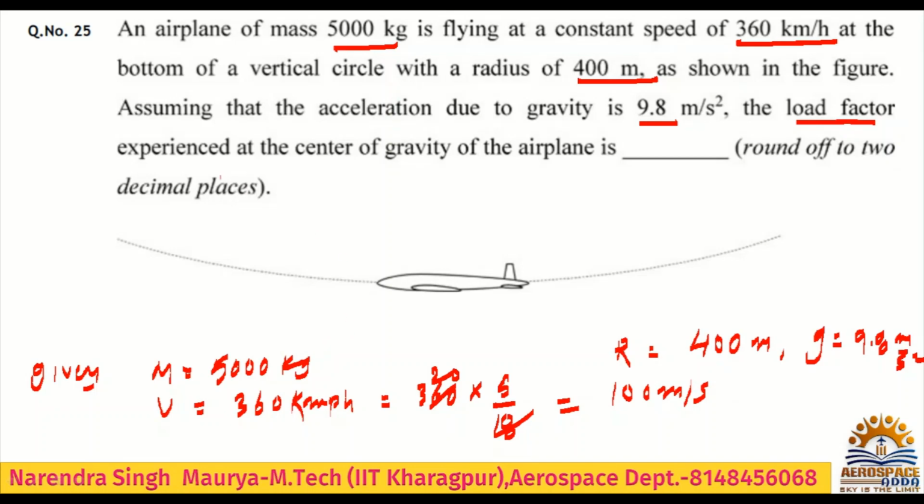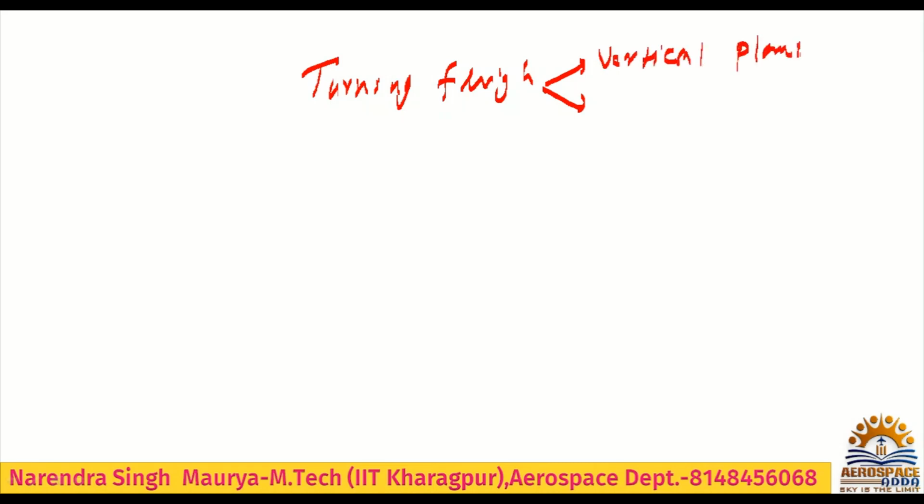Now here they have mentioned the aircraft is flying at a constant speed of 360 km per hour at the bottom of the vertical circle. So basically in turning flight we have two types: one is on the vertical plane, another is on the horizontal plane.